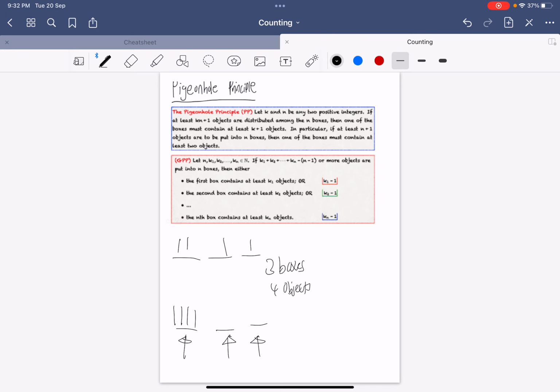It is just that in the worst case scenario, when all the boxes are filled already with the minimum number of objects, one of them, because the objects exceed the boxes, must have additional objects placed with it. And so, this is basically it for the Pigeonhole Principle. Let's look at some examples to see how hard it is.